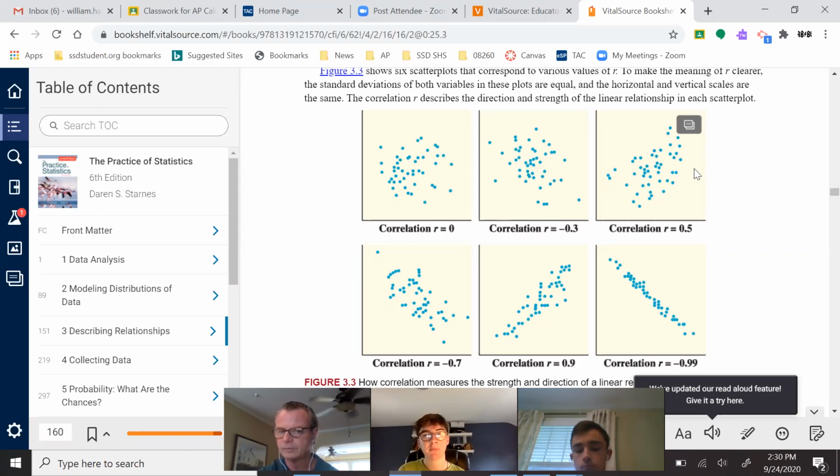Down here, linear, negative, strong. If you wrote moderate for this one, that's fine. If you wrote moderate for that one, that's fine. This one's certainly weak. Linear, positive, strong. Linear, negative, strong. Okay?